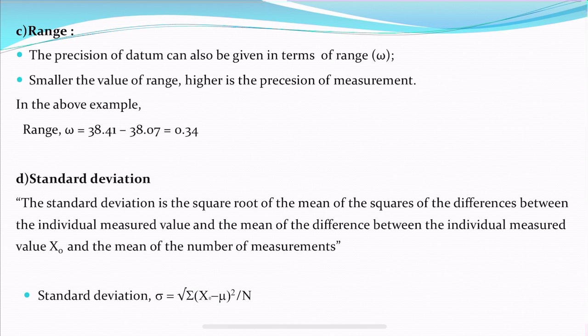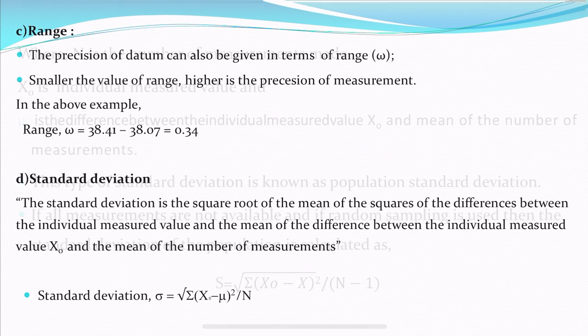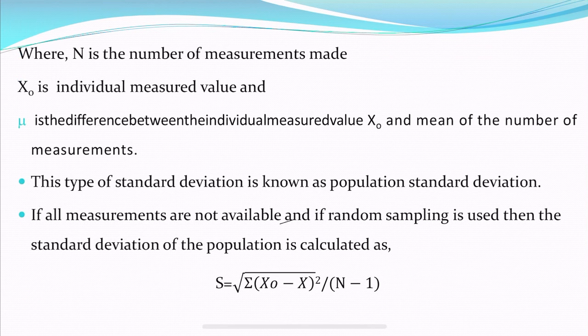And mu is the difference between the individual measured value and the mean of the number of measurements.